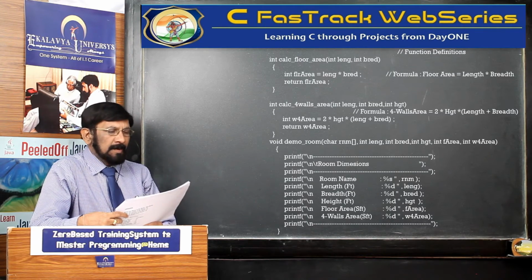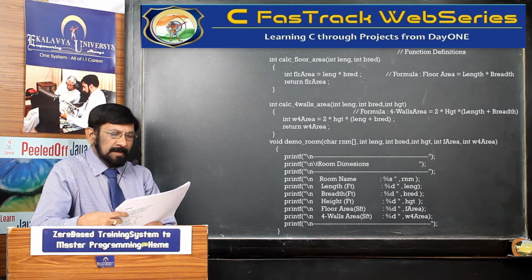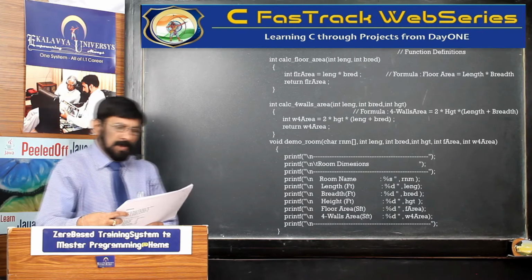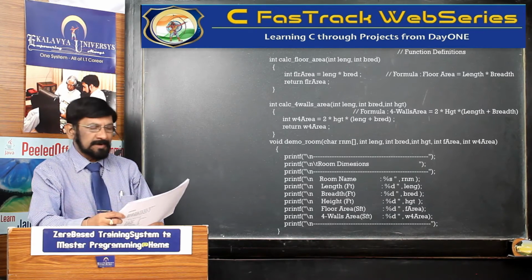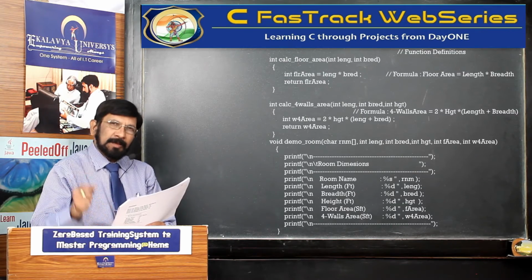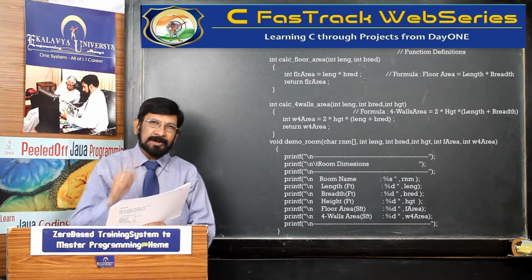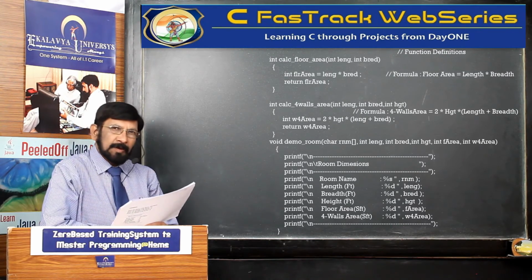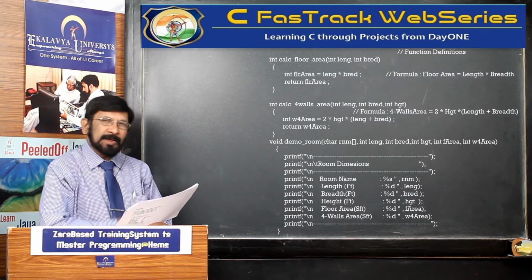Okay. Now the second one, int calculate four walls area. Three arguments are required: length, breadth, and height. Within that, I have written the formula, and you are returning the four walls area. That is a function that takes arguments and returns a value. Thereafter, void demo room. What type of function?